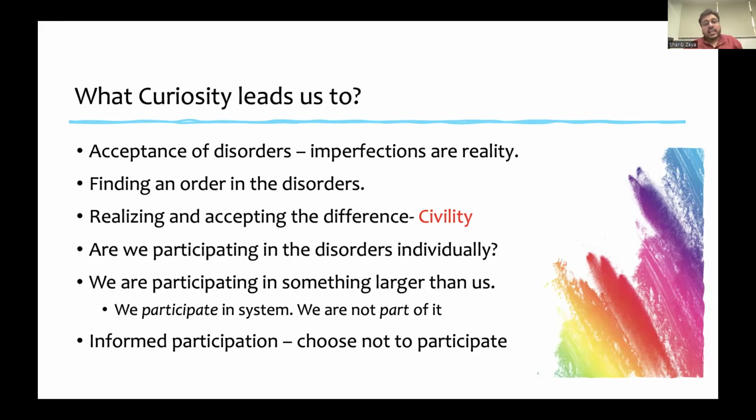So once we realize that we are participating in the system and not part of the system, the system tells us that we must always choose a path of least resistance. This is something which the system tells us.